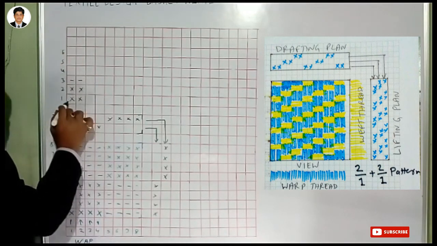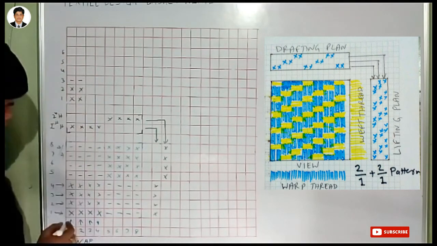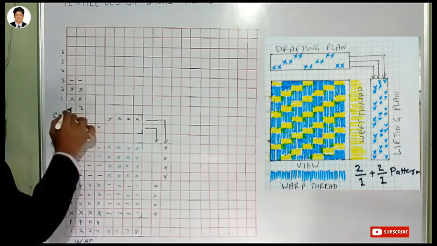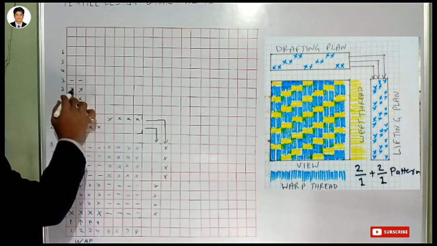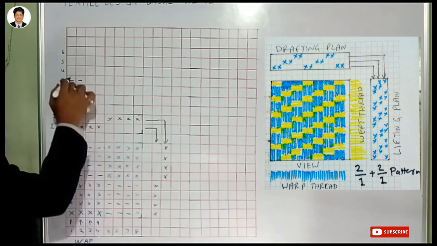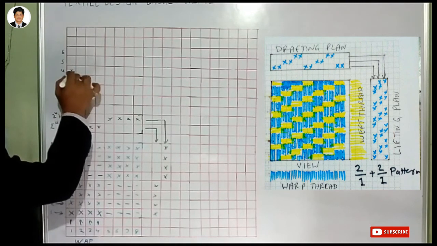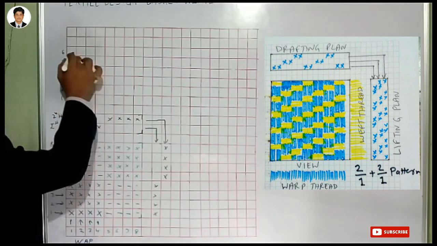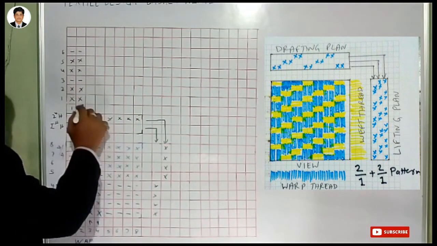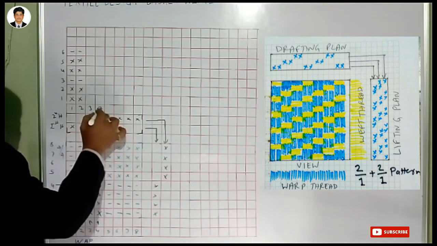Warp threads 1 and 2 are floating on weft 1 and 2 and going down on 3, then moving up 2 threads and going 1 down. This is the repeat.